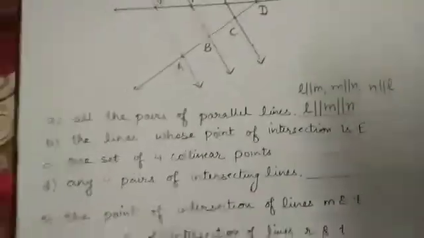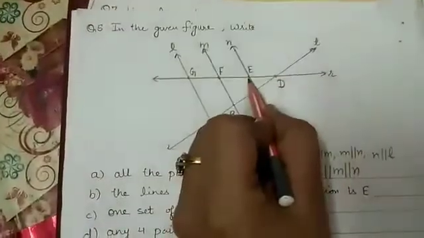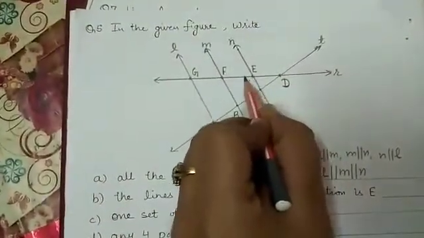Second question. The lines whose point of intersection is E, means from point E which two lines are passing.